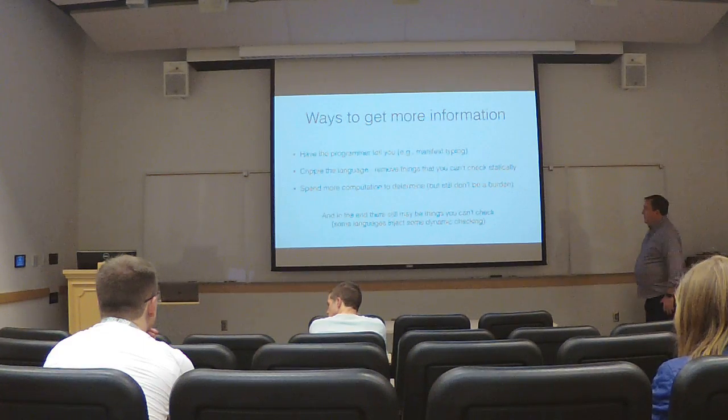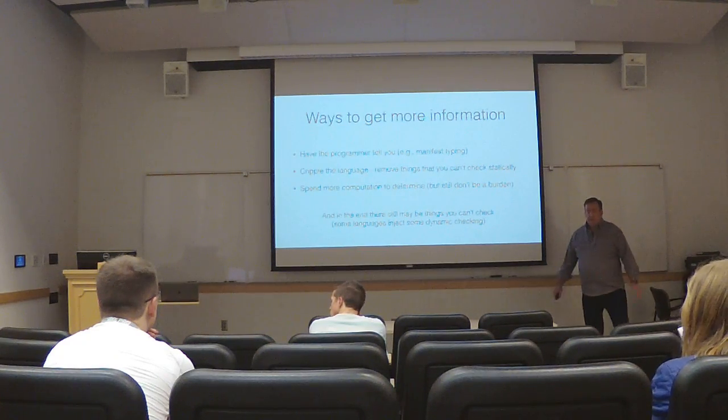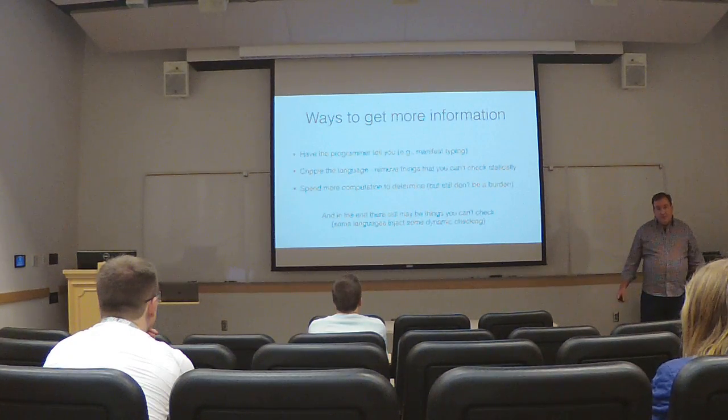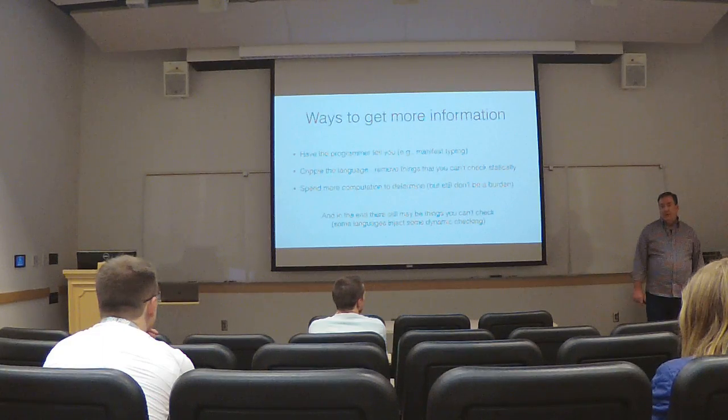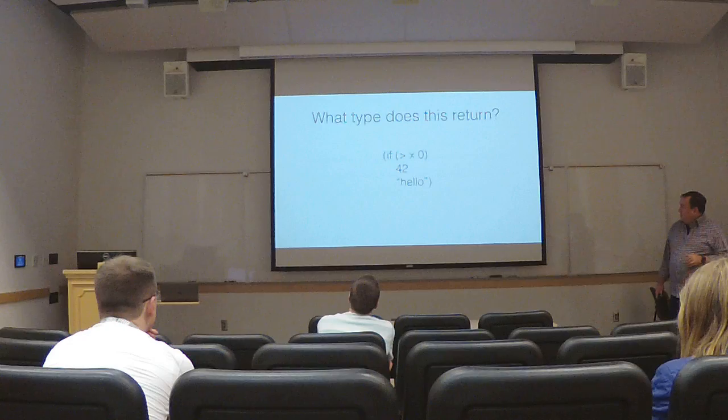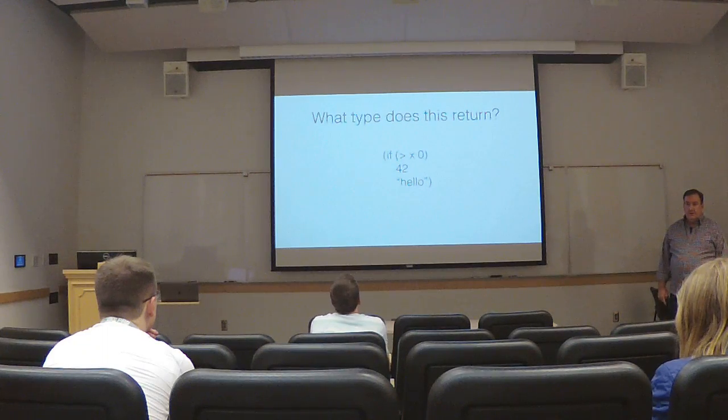The other case, and we touched on this last time, is literally cripple the language. Now that sounds bad, and it sometimes is, but it's a very common choice. So if the problem here is that the then and the else branches return different things, just don't allow that.